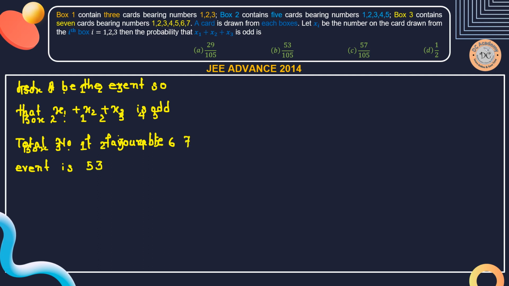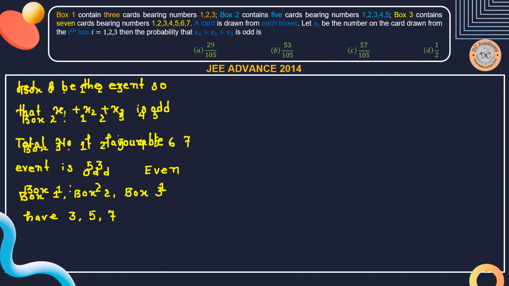Therefore, let's find out how many odd cards and even cards there are in box 1, 2, and 3 respectively. In box 1, we have two odd cards, that is 1 and 3, and one even card, that is 2. In box 2, we have three odd cards and two even cards.